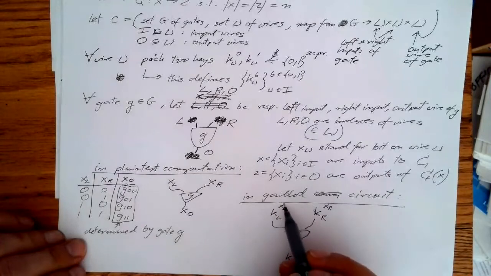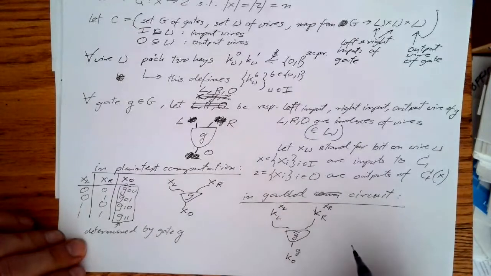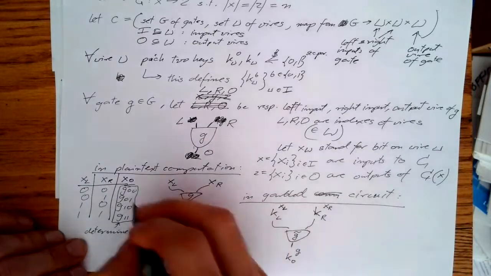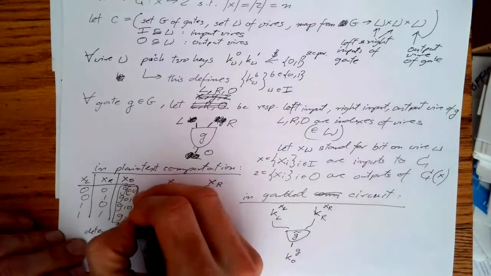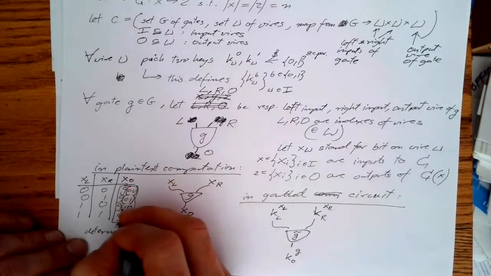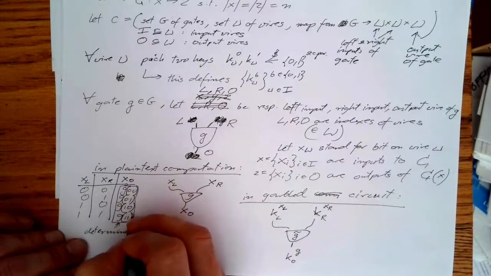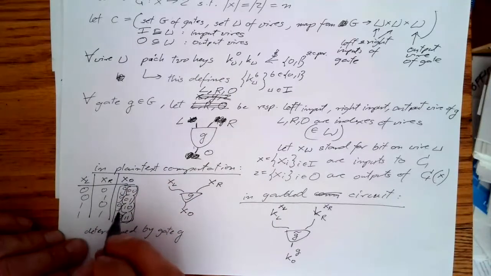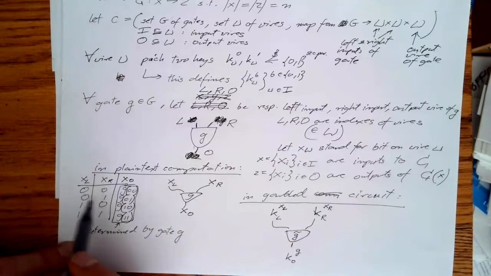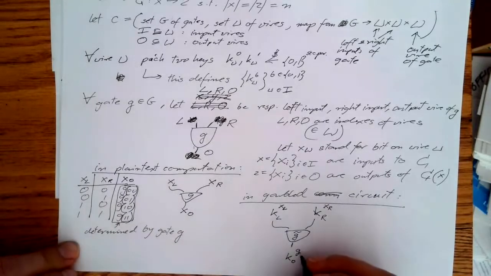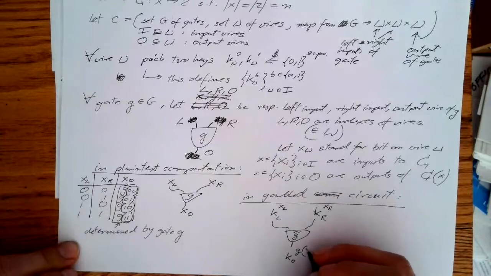The one determined by these bits. Let me change the notation: this is not subscripts, but functional notation. So this row is G(0,0), and this row is G(0,1). So this will be G(X_L, X_R).